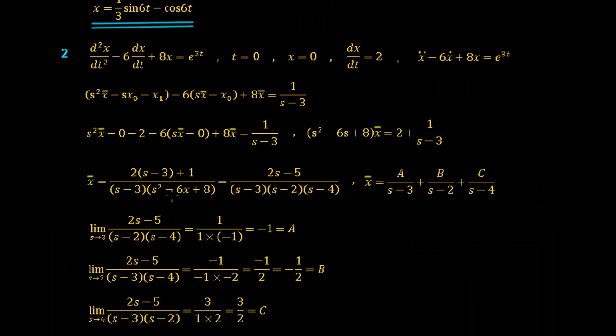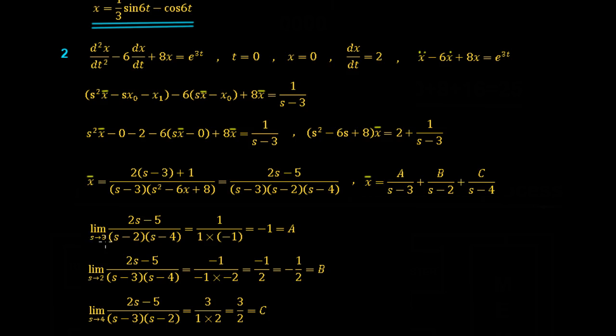We can then factor this into s minus 2, s minus 4. So this whole thing can be written as a upon s minus 3 plus b upon s minus 2 plus c upon s minus 4. We then use the cover-up rule to work out the values for a, b and c.